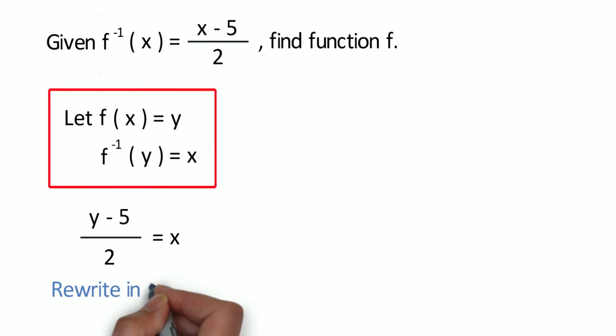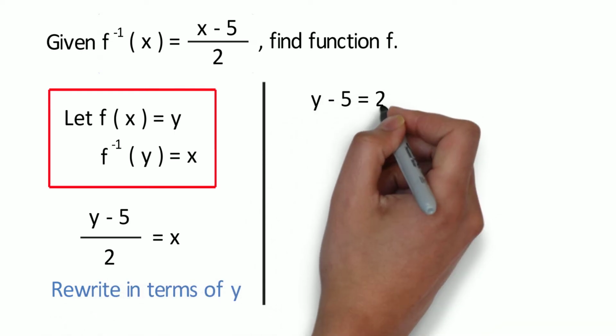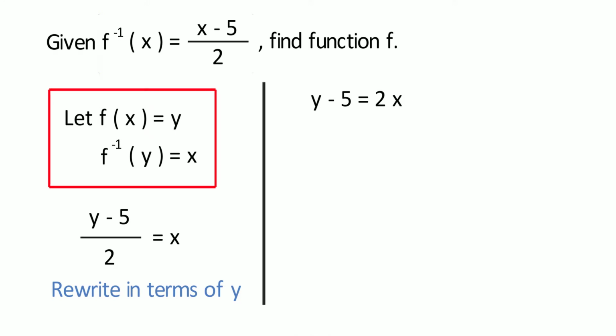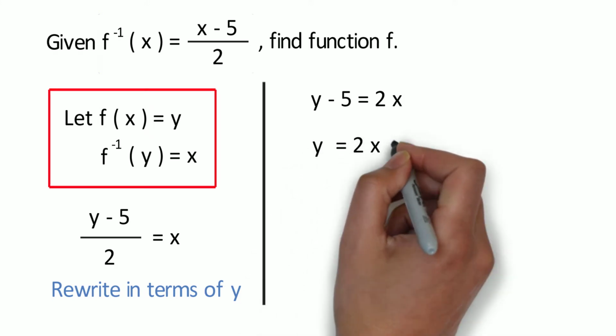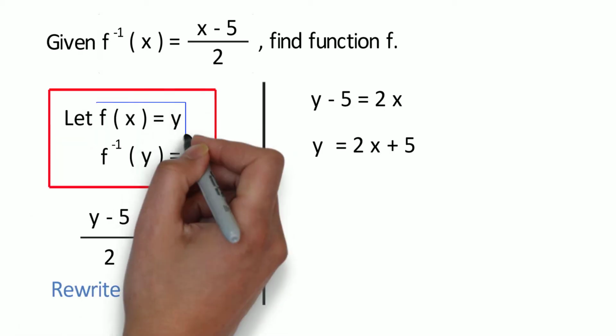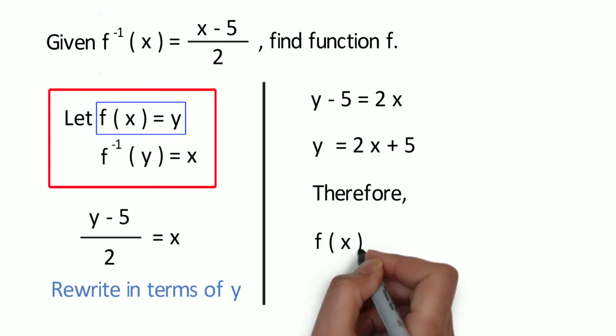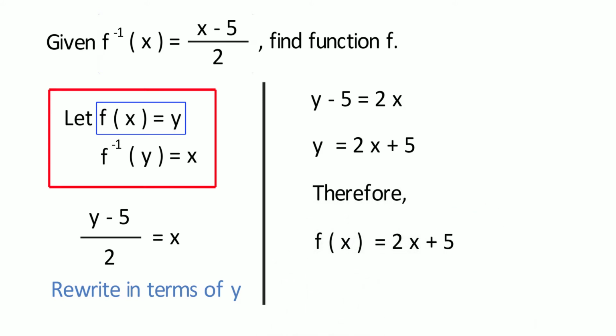Now rewrite the equation in terms of y. So we get y minus 5 equals 2x. That gives us y equals 2x plus 5. Now we know that function f(x) equals y. Therefore, function f(x) equals 2x plus 5.